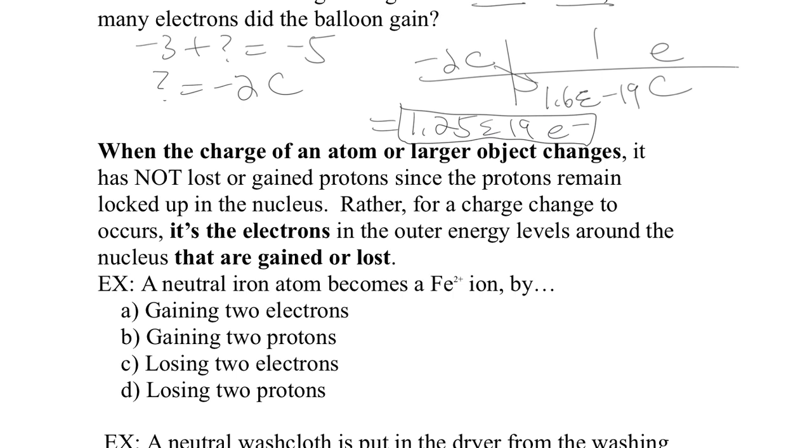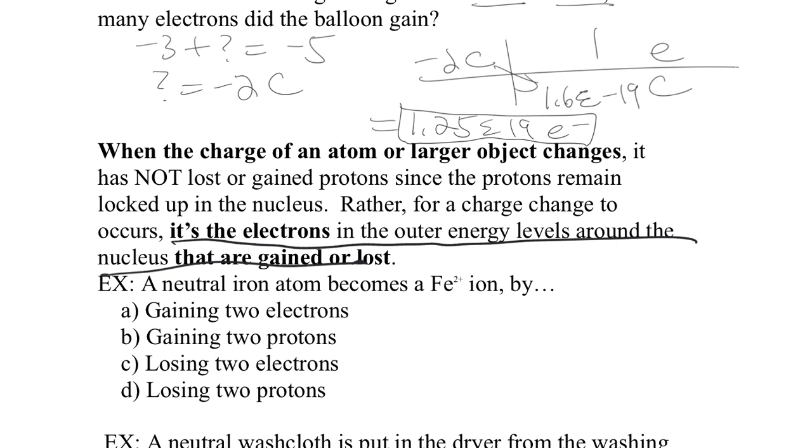Whenever something's charge changes, whether it becomes more positive or more negative, it is because electrons are being lost or gained. The protons, you cannot give protons away. They're locked in the nucleus. So whenever something becomes more negative, it's because it's picking up electrons.